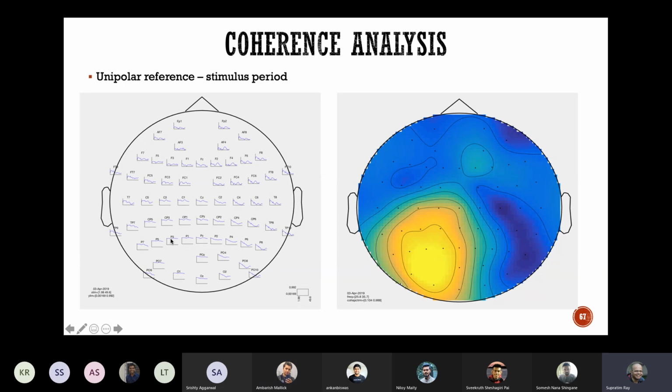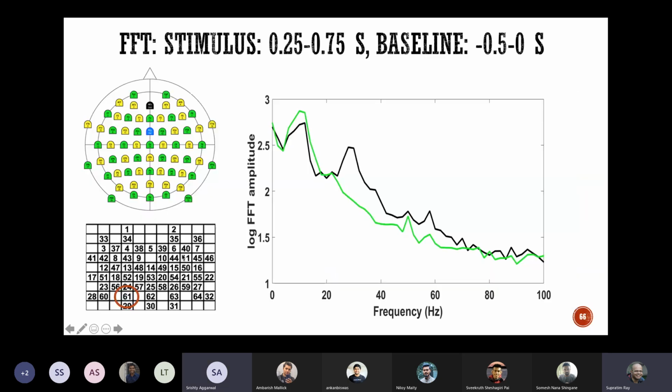So why is the coherence at P3 almost close to 1 at all frequencies? Anyone? I mean, you can guess. It's not a very hard question. Coherence between P3 and which electrode? P3 and this electrode 61, this one.